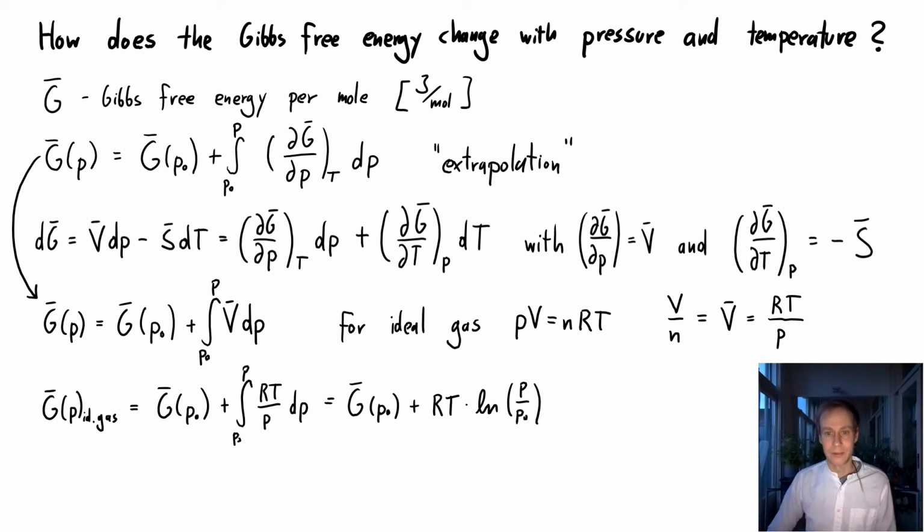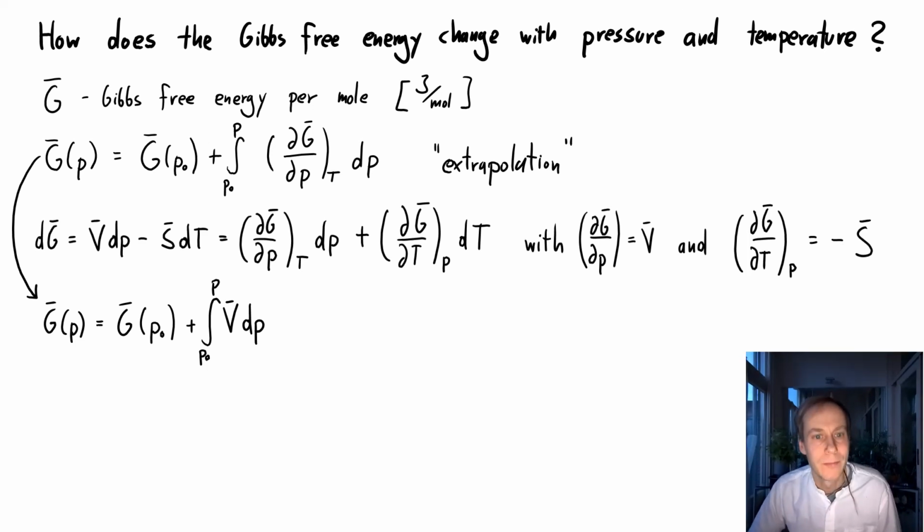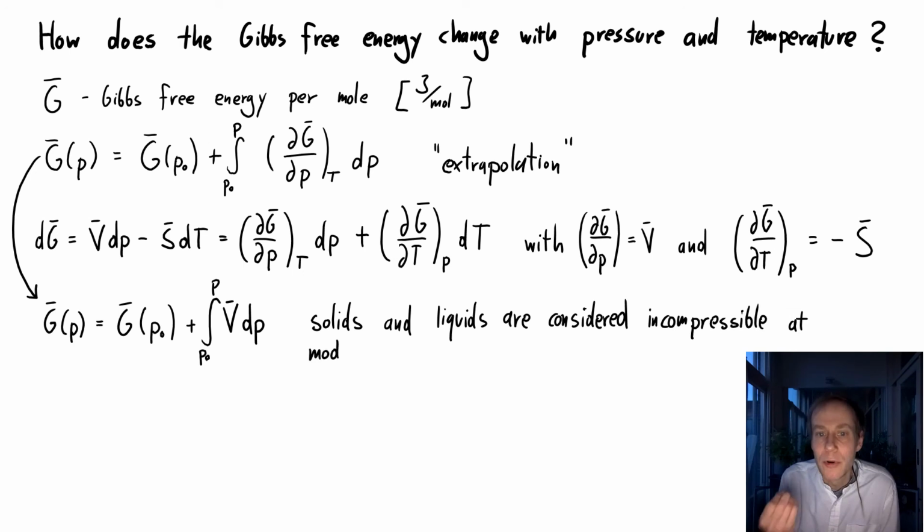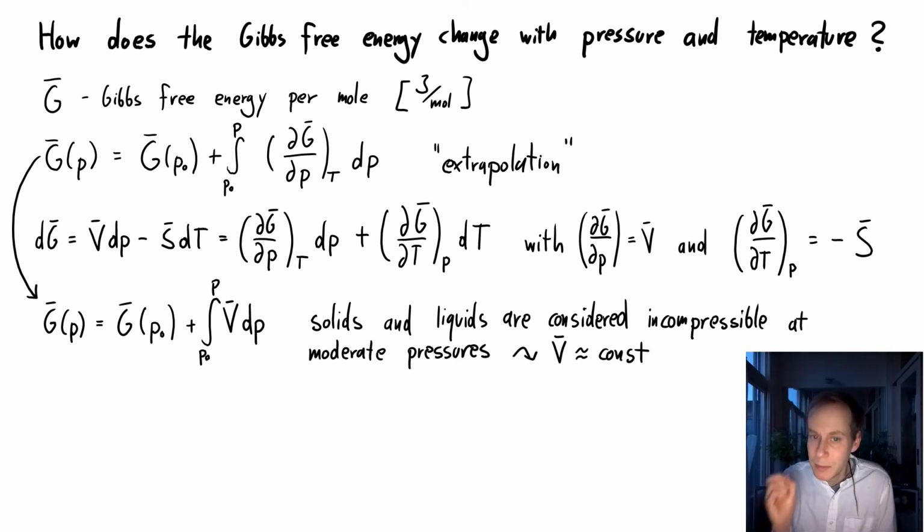This is the expression that tells you how the Gibbs free energy of an ideal gas depends on the pressure. Nice. So if we want to look at solids and liquids, what is nice about those is that they are considered incompressible at moderate pressures. That means they don't change their volume really significantly when the pressure changes.